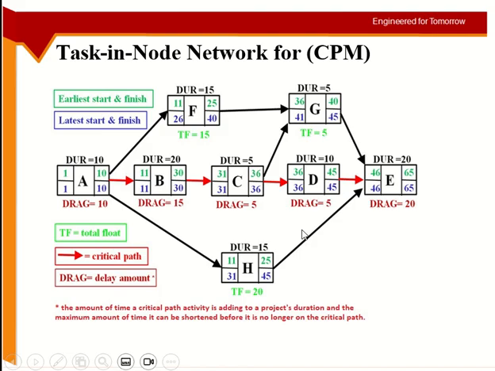So here all of them, just one day before the late start, you will put in all three cases. Then 45 minus 10, 36. 45 minus 5, 41. 45 minus 15, 31. 15 is the duration, right? So you got this one.